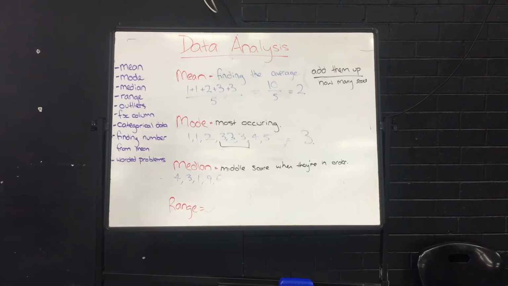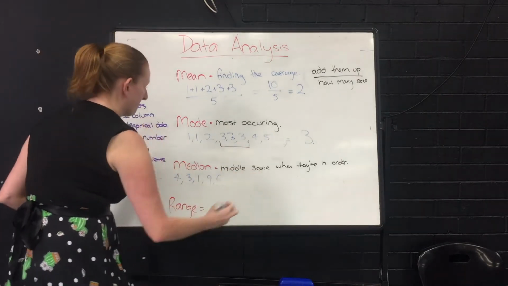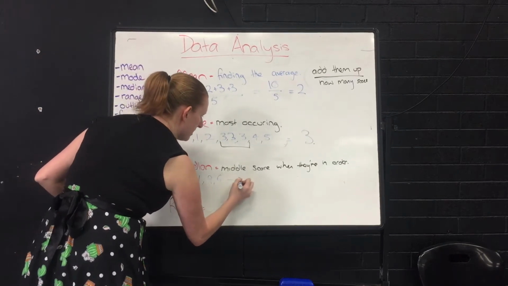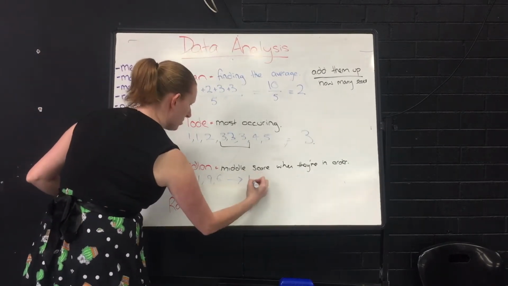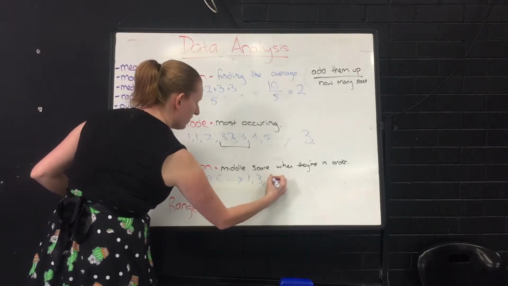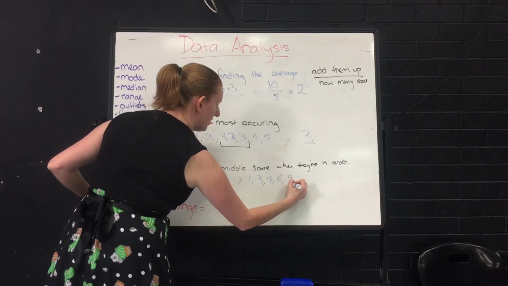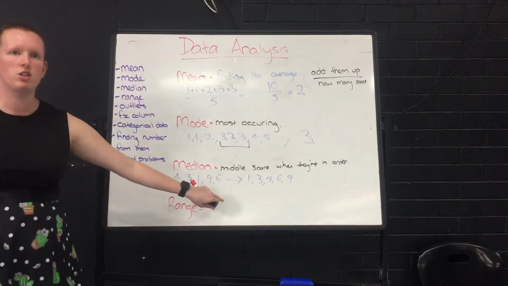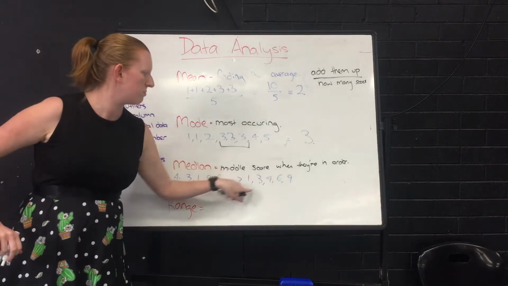Awesome. I have to put them in order. So 1, 3, 4, 6, 9. I've taken our jumbled up numbers and put them in order from smallest to largest.